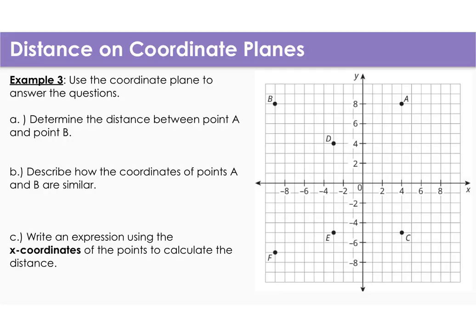Okay, we're going to determine the distance between A and B. So let's find the coordinates of A. It is 4, 8, and the coordinates of B are negative 9, 8. So that means over here that this is 4 spots away from the y, and this one is negative 9 spots away from the y.